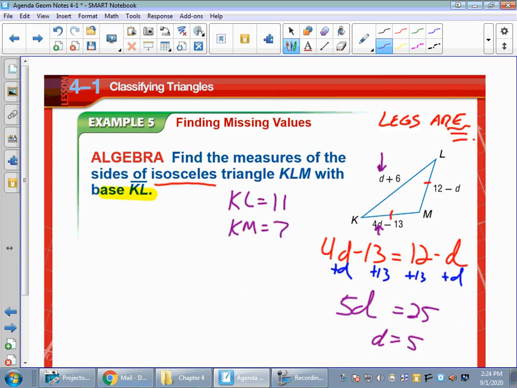And I could plug it in here to LM, but I also already know that LM has to be 7 as well because it's congruent. And then I would have the measures of the triangle. So be careful what they're asking for. Are they asking for the measures of the sides, or are they asking for the variable D? Sometimes they ask for both. So just make sure we're reading the question.